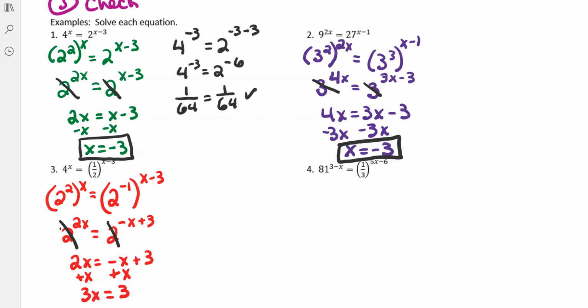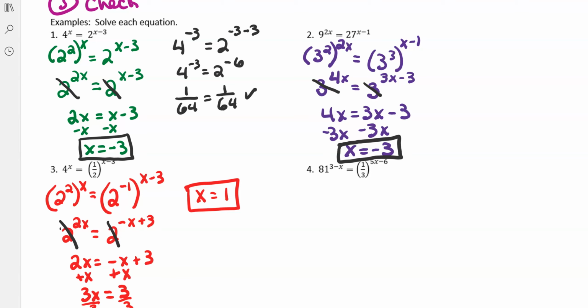And then to get rid of this 3 next to the x, I'm going to divide both sides by 3. And so that's going to end up giving me x to the first power. All right, if you're ever not sure, plug your number into both sides and make sure that it works.